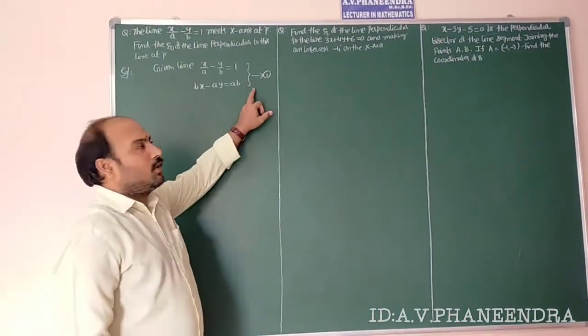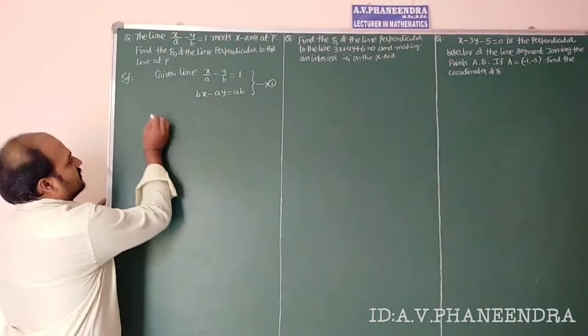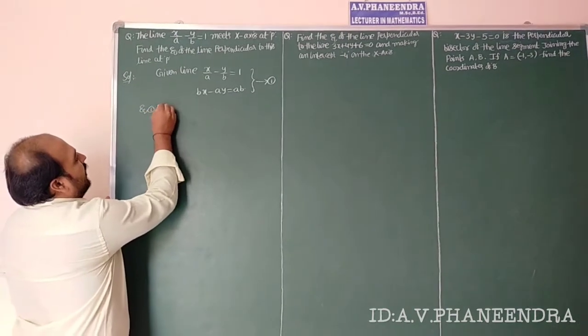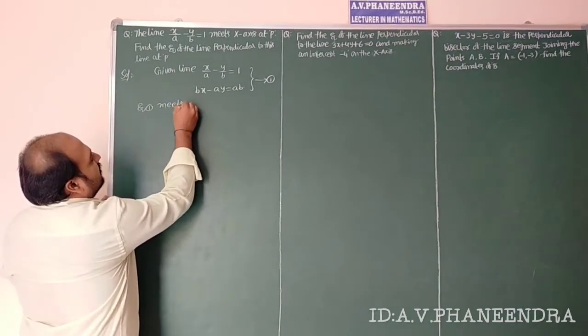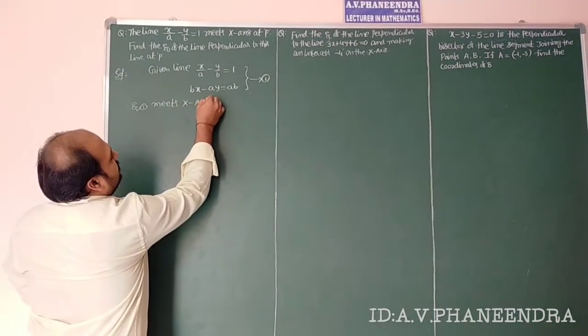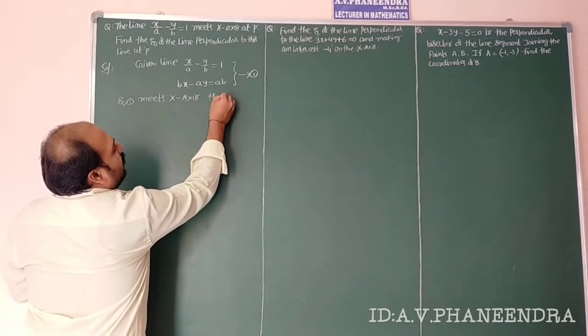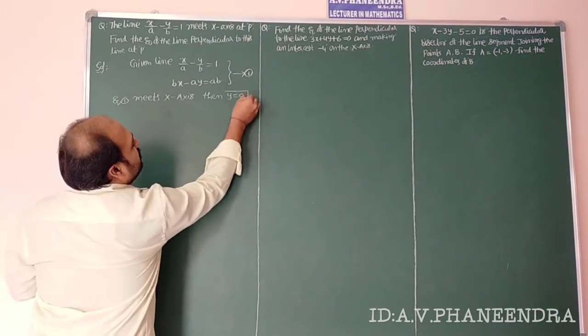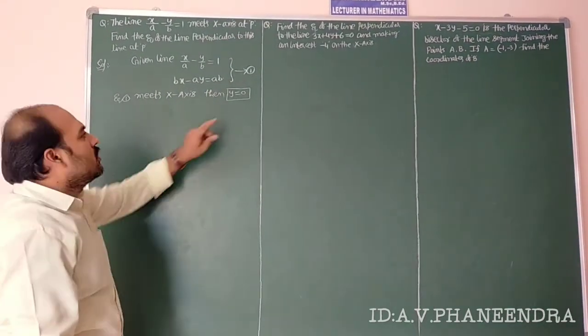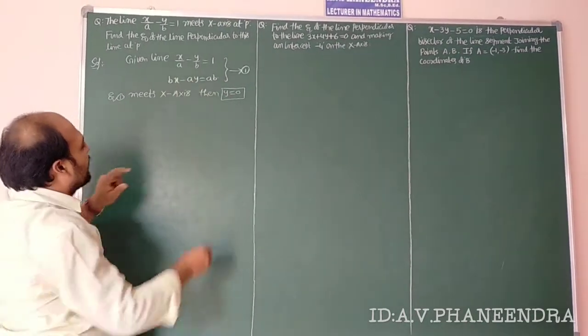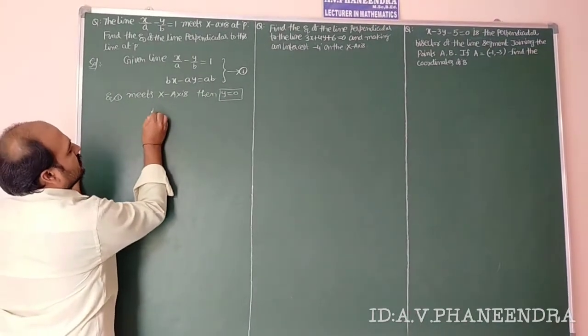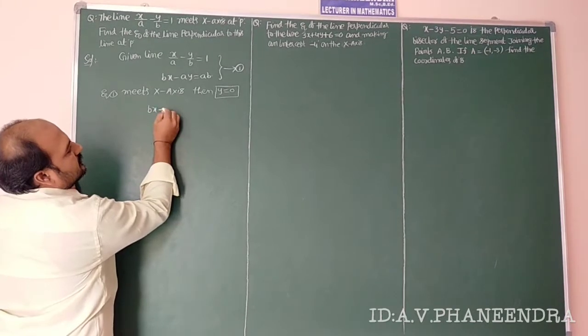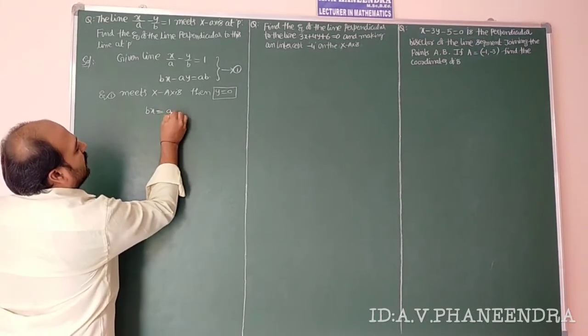This is equation 1. The equation meets the x-axis, then y is equal to 0, meaning the y coordinate of the point is 0. So substituting y equal to 0 in this equation, it becomes bx is equal to ab.